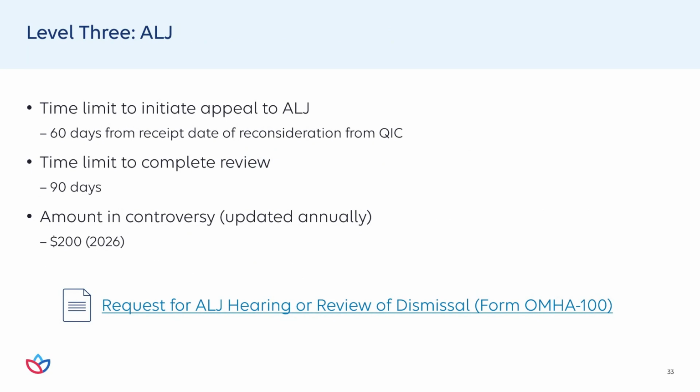These amounts in controversy are updated on an annual basis. So for 2026, the amount in controversy is $200. And as we have for the first and second level of appeal, the request for an ALJ hearing or review of dismissal form, OMHA 100, is the appeal form that you're going to use for your Level 3 appeals.